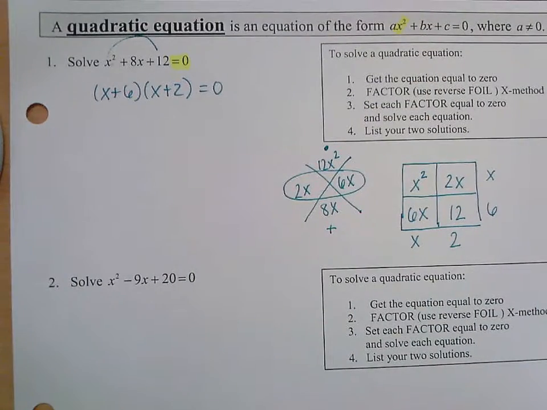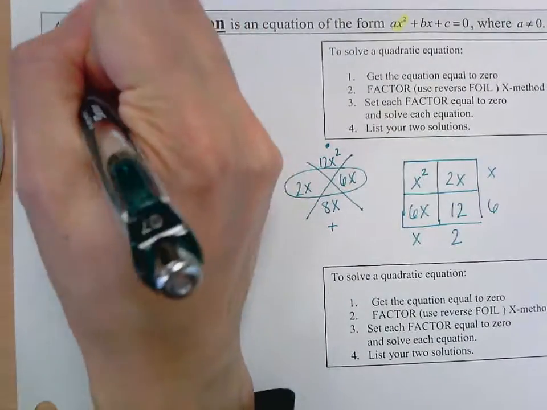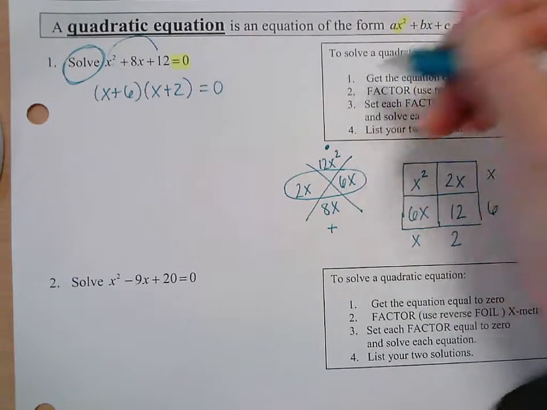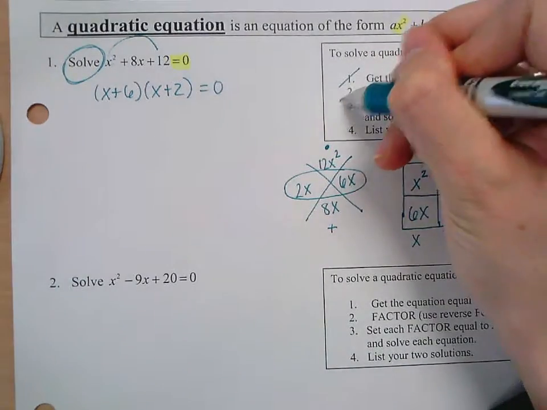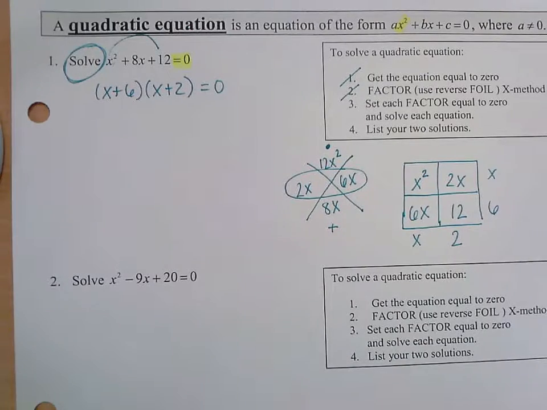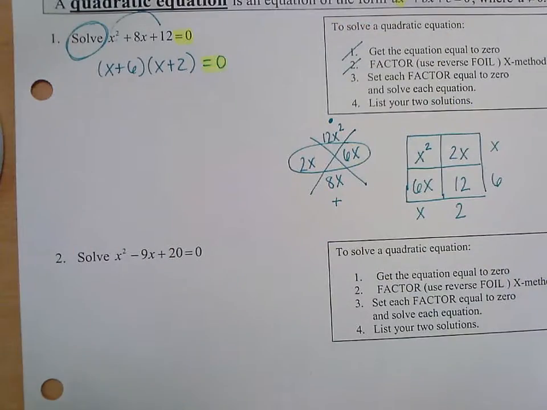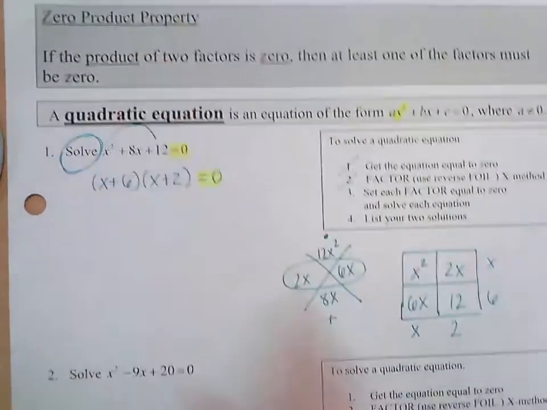Because remember, I'm solving. So this is where you stopped before because you were just asked to factor. This is asking you to solve. So step 1 was already done for us. I just did step 2. So now because I have it factored and it's equal to 0, this is now using the zero product property.